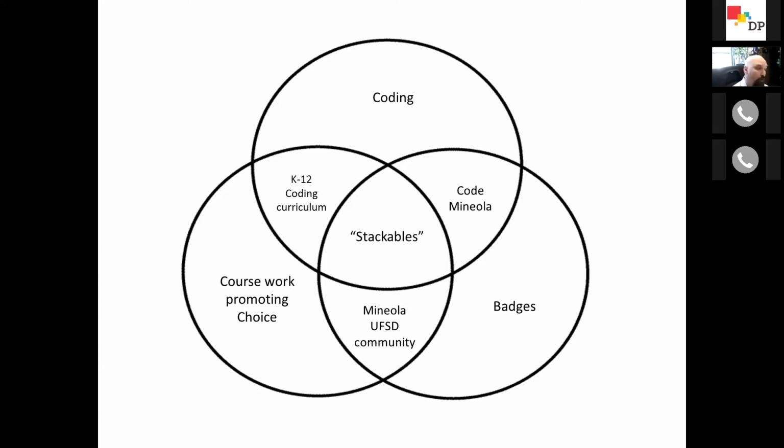And we're calling this whole concept stackables. It's kind of like micro-credentials, where you can stack badges to form a bigger either unit or credential for teachers, but we're looking at 3 hours or less. 3 hours for teachers, but homework for kids. So the stackables is very broad in how we apply it.